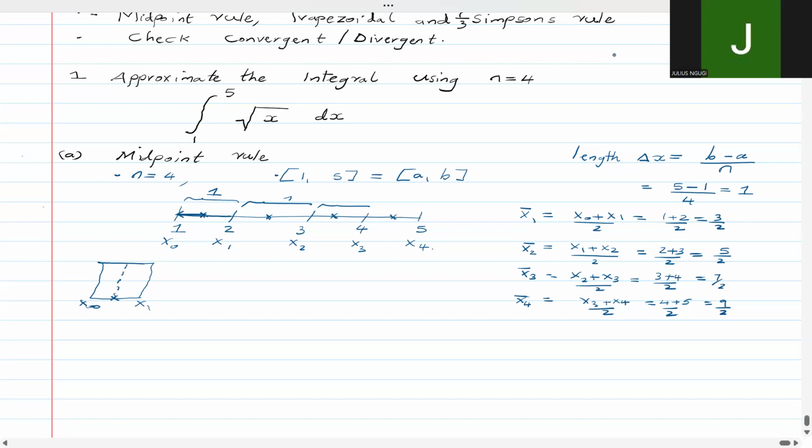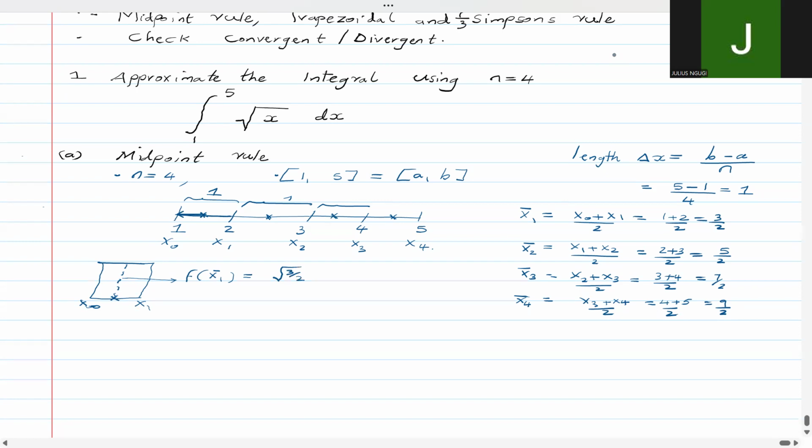To find this height, I need to substitute the x1 bar value into the function root of x. So this is f at x1 bar, just the square root of x1 bar, which is root 3/2.